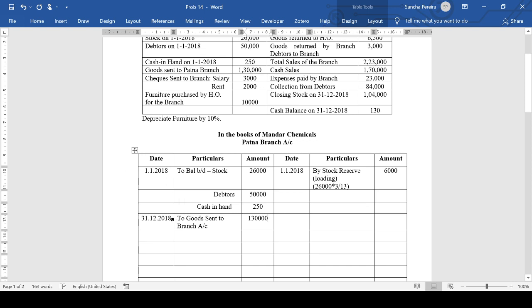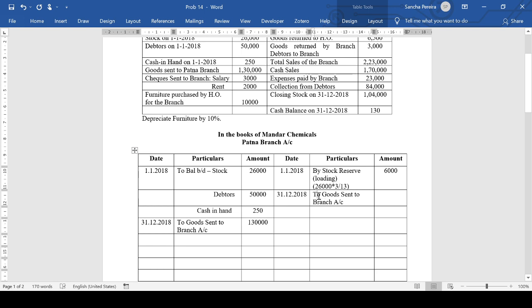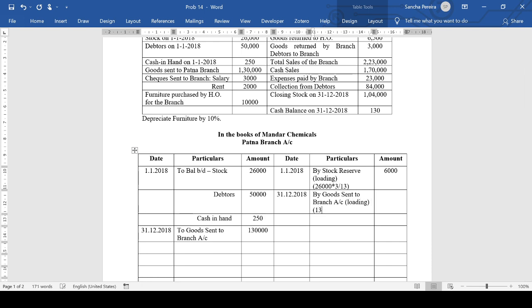We have to calculate loading, the same. By goods sent to branch account, 1,30,000 into 3 by 13, that comes to 30,000.